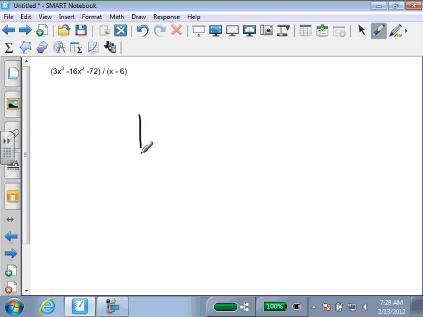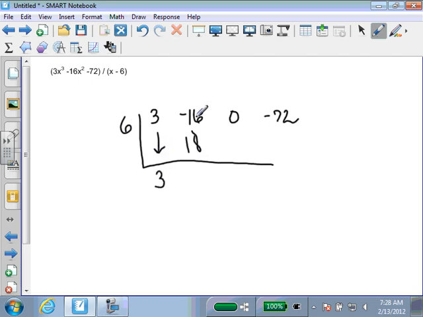So let's try it again. Synthetic division. We have a 3, negative 16. Our x term is missing, so we're going to fill in a 0. Negative 72. x minus 6 is our factor, so we're going to divide by the 0, 6. Bring down a 3. Multiply.